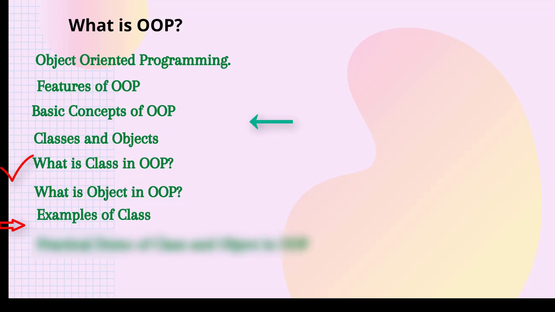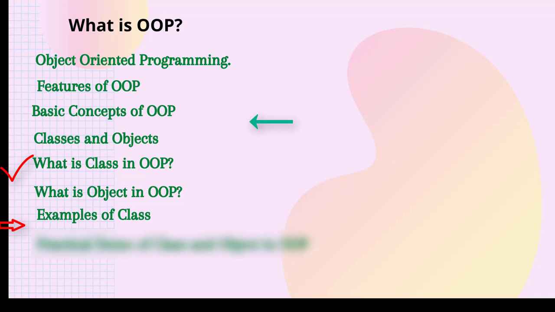So here is another example of a class, like a car. A car has color, model number, and it has 4 wheels. It has an engine.